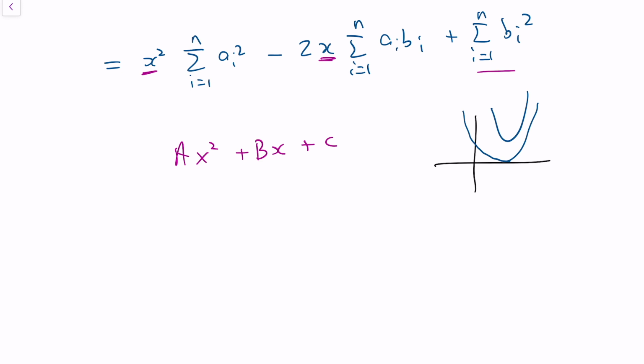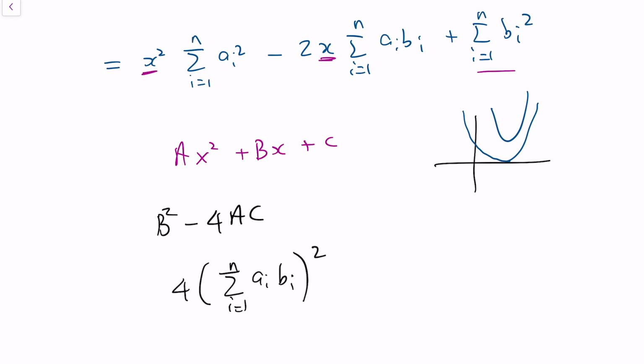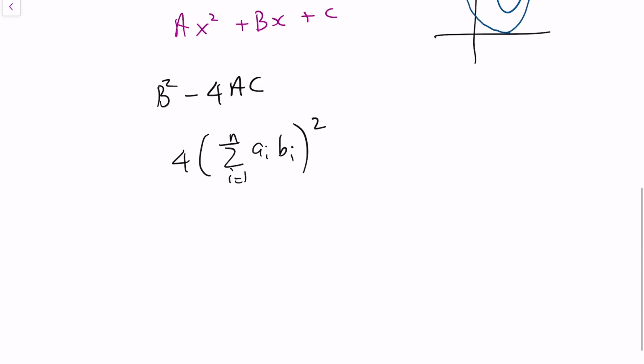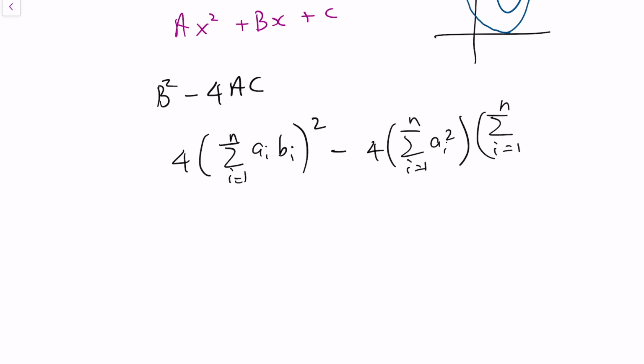So for the discriminant, we look at b squared minus 4ac. We have 4 times the square of the sum, i goes from 1 to n, of a_i b_i, so that's our b squared, minus 4ac, which is minus 4 times the sum, i goes from 1 to n, of a_i squared, where a is that sum, and c is the sum, i goes from 1 to n, of b_i squared, and we want this to be less than or equal to 0.